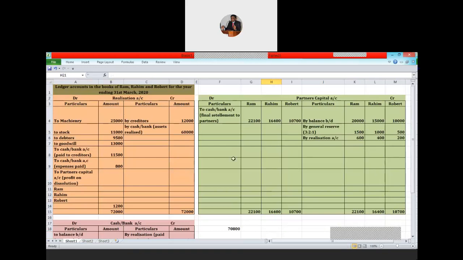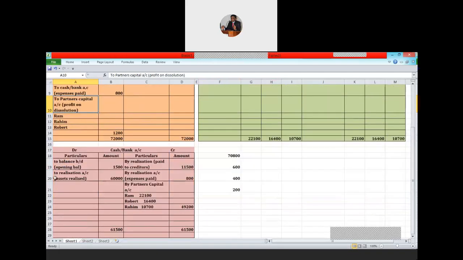Then we closed the realization account, found the profit on realization, and transferred it to partners capital account. Then after final settlement to the partners was done, that amount is also transferred to partners capital account.